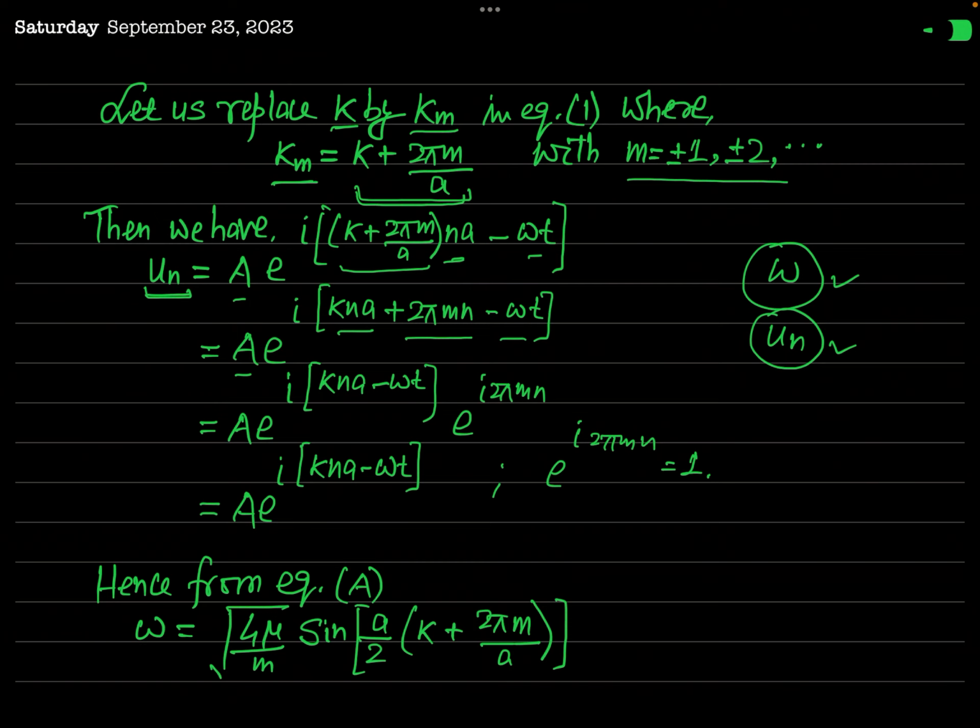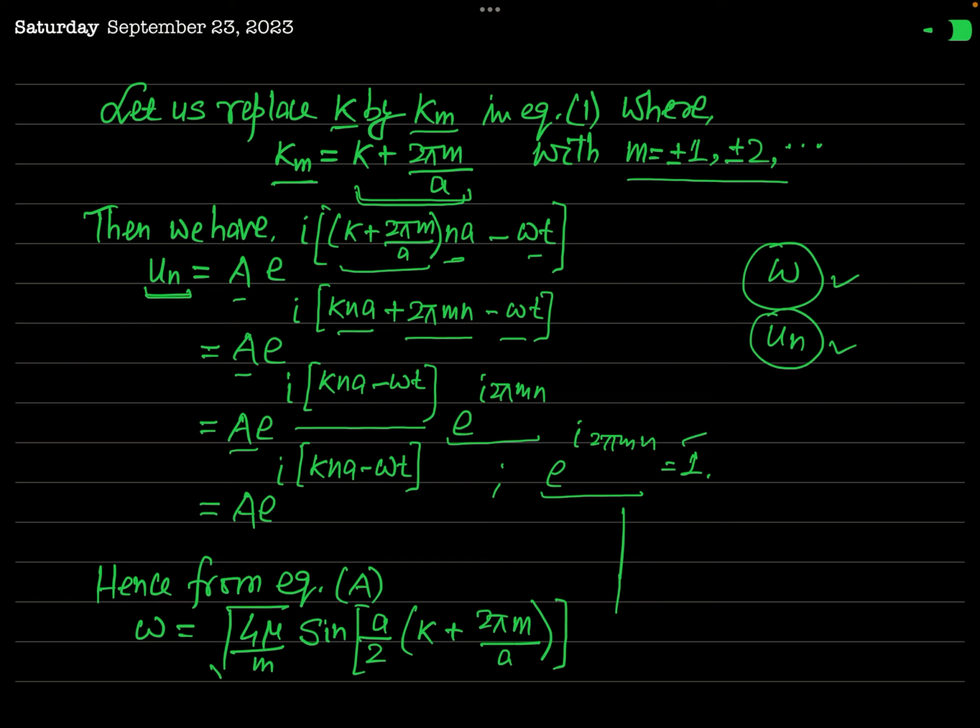This can be written as a times e to the power i kNa minus omega t times e to the power i 2 pi mn. But you know this factor e to the power i 2 pi mn is equal to 1. How can you say that this is equal to 1?